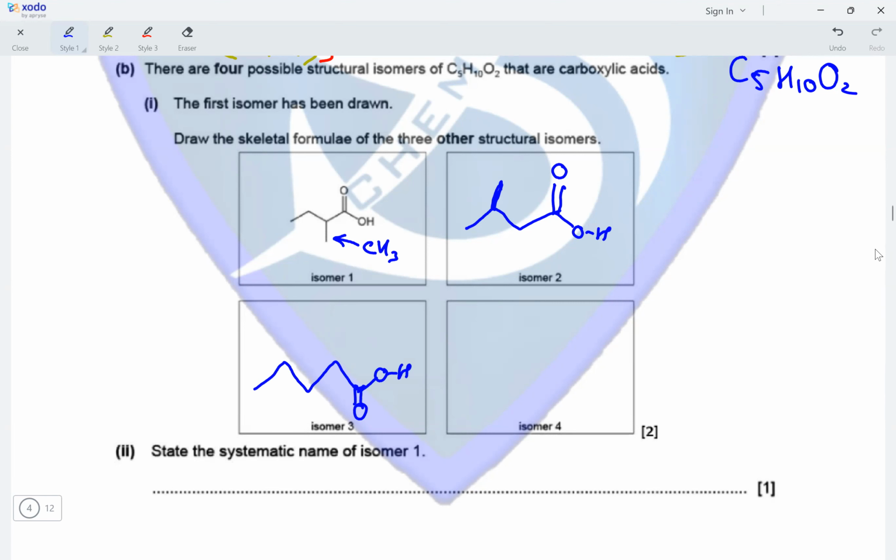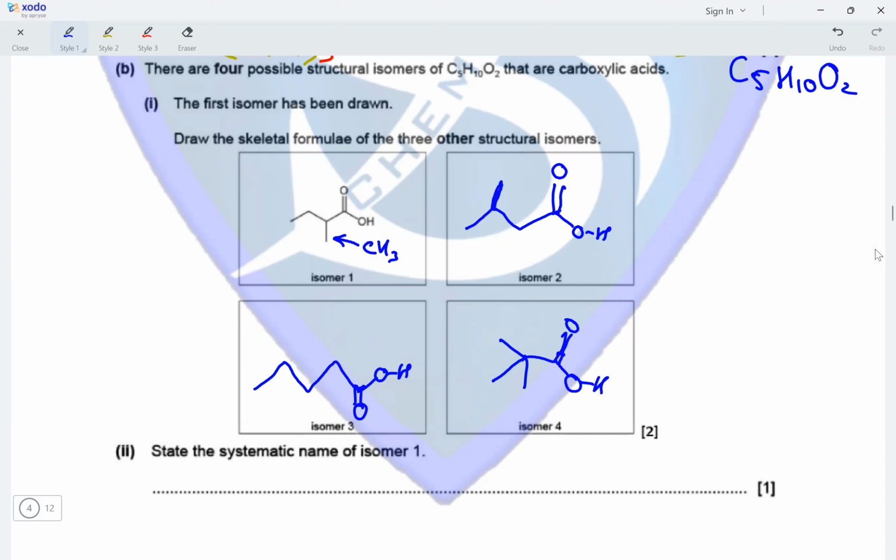So this is the third isomer, and the fourth isomer could be a C double bond O present here with an OH. So this is 1, this is 2, and this is 3.